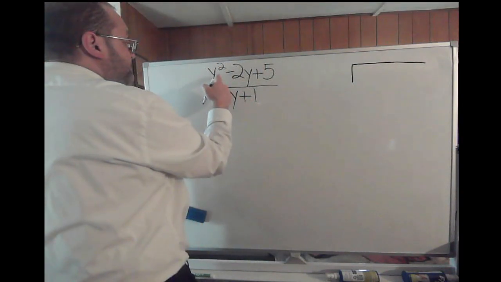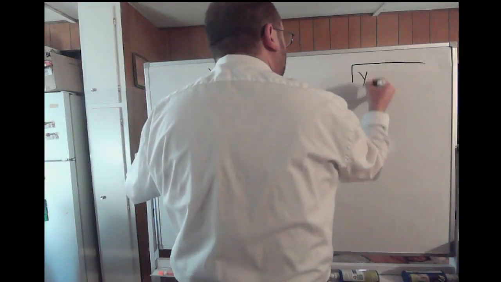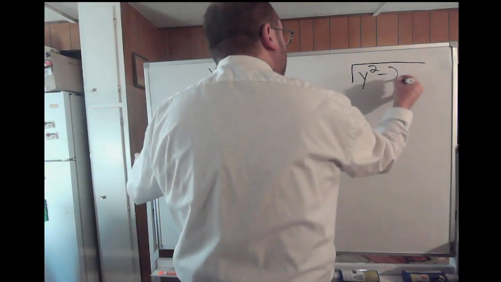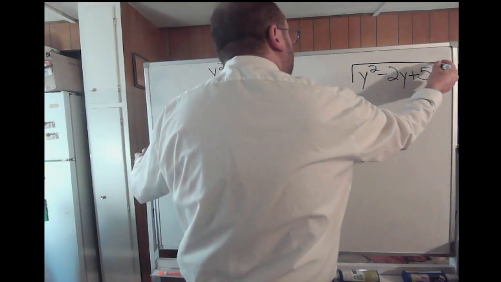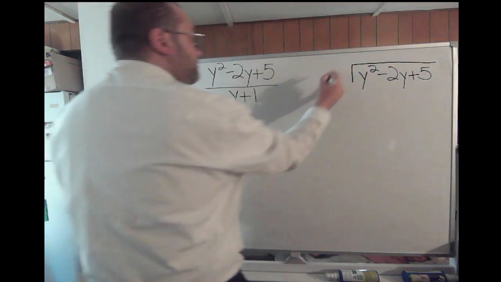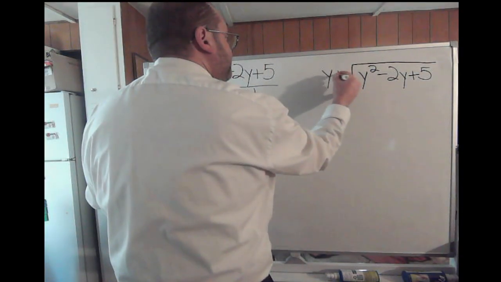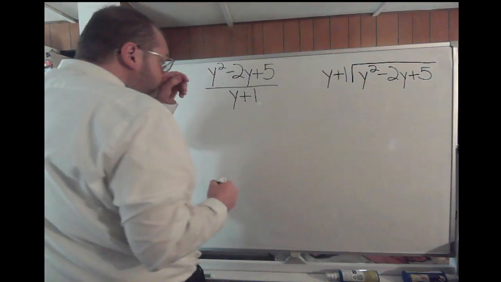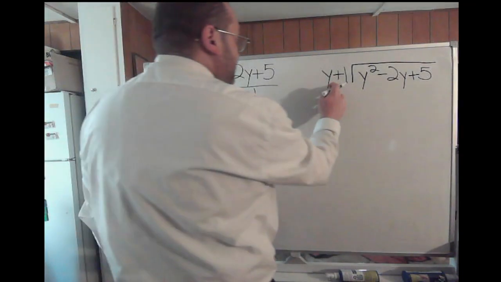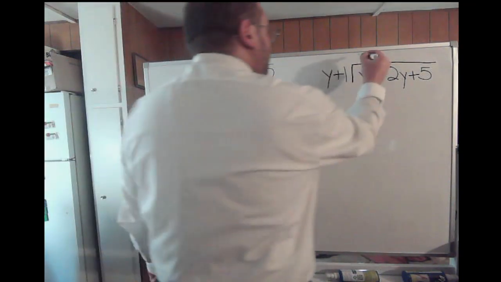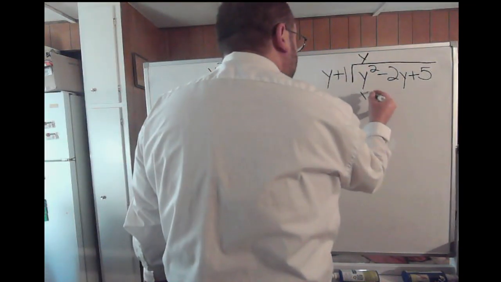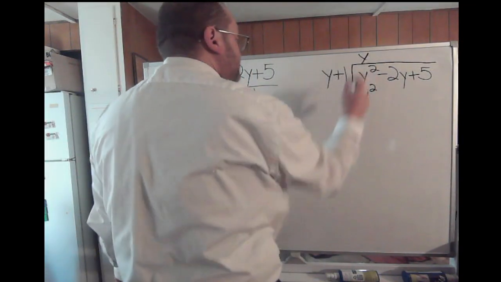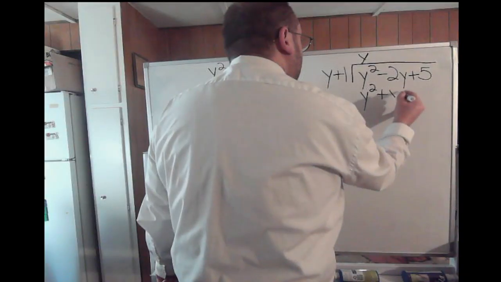So take your dividend of y squared minus 2y plus 5, divide that by your divisor of y plus 1. Well, y times what equals y squared? That'd be y. Y times y, well, that's y squared, plus y times 1, well, that'd be positive y.